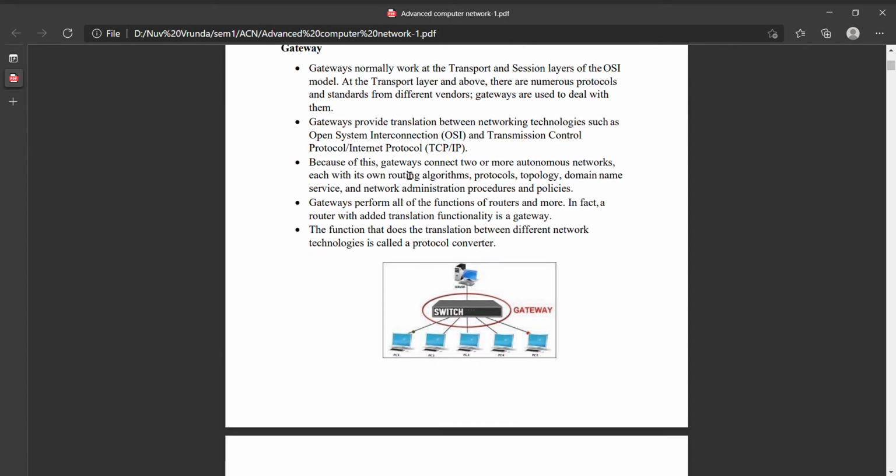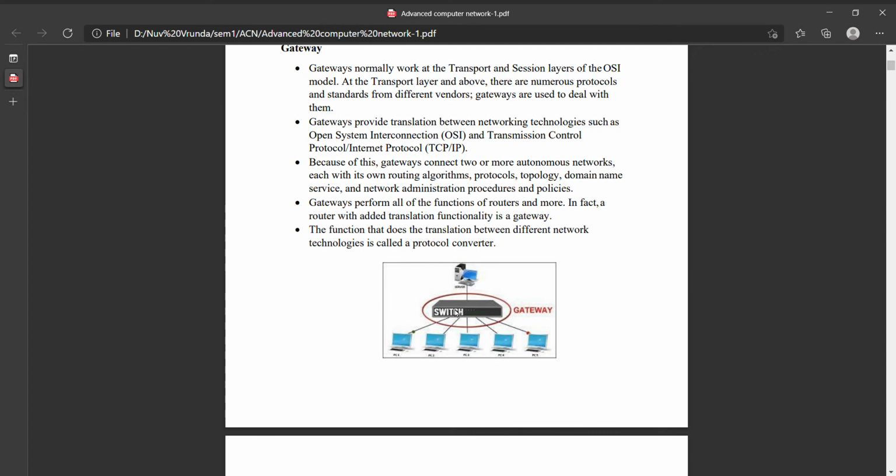Because of this, a gateway connects two or more autonomous networks, each with its own routing algorithm, protocols, topology, domain name, service, network administration, procedures, and policies.